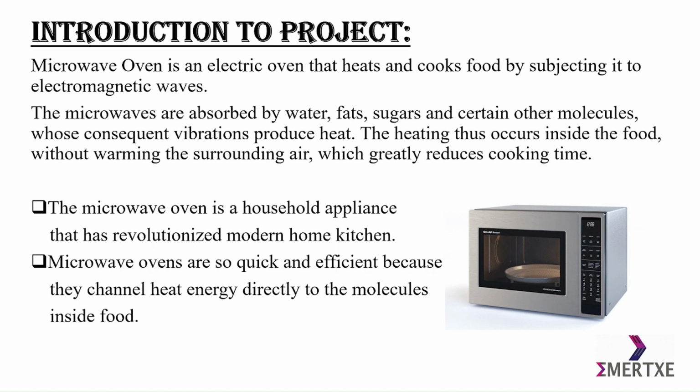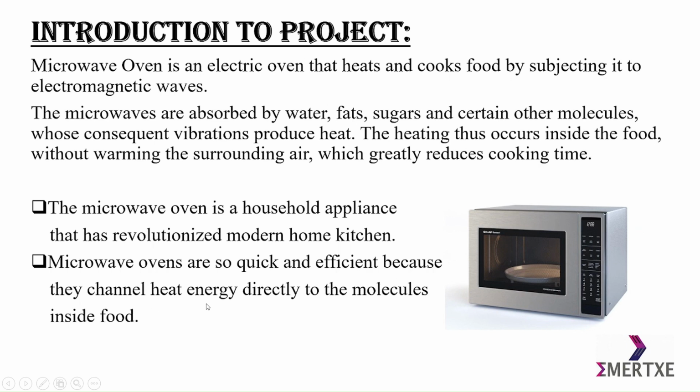The heating thus occurs inside the food without warming the surrounding area, which greatly reduces cooking time. The microwave is a household appliance that has revolutionized the modern home kitchen. Microwave ovens are so quick and efficient because they channel heat energy directly to the molecules inside food.